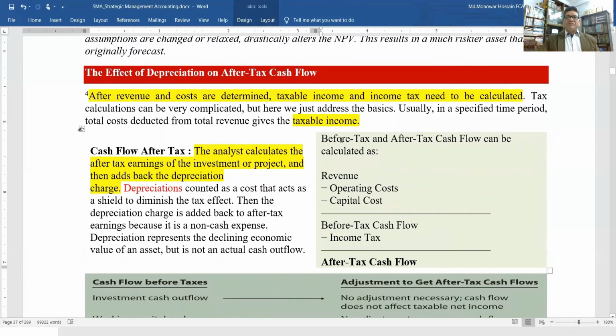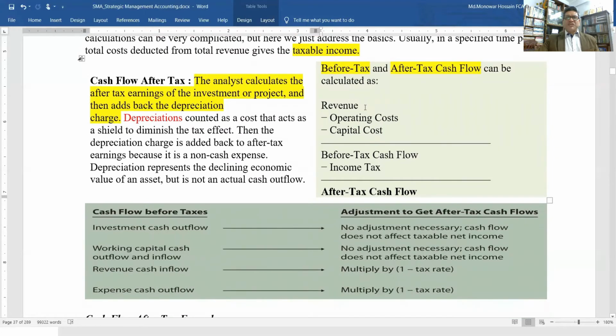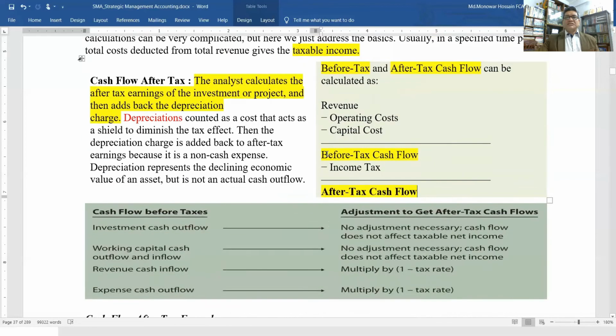So before-tax and after-tax cash flow can be calculated this way: revenue minus operating cost minus capital cost, then we get before-tax cash flow. And from before-tax cash flow, if we deduct income tax, then we get after-tax cash flow. I think it's okay to you.